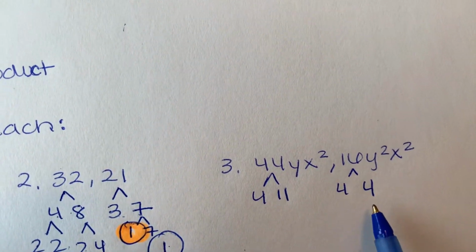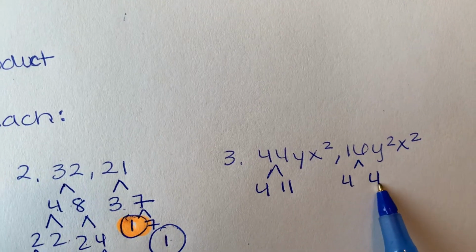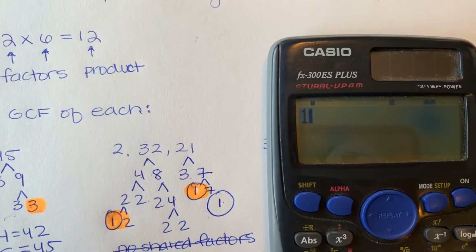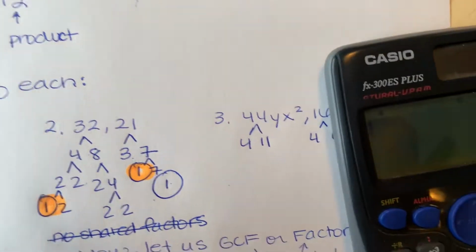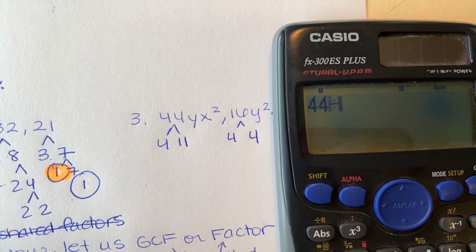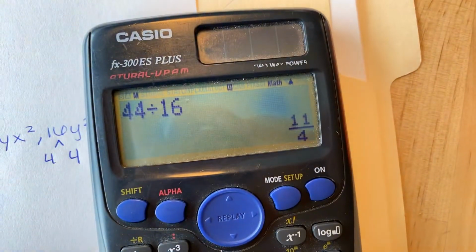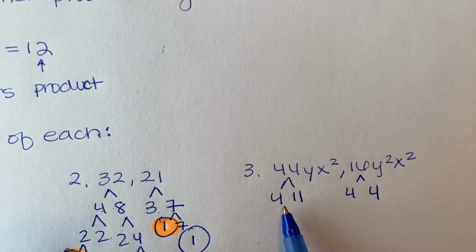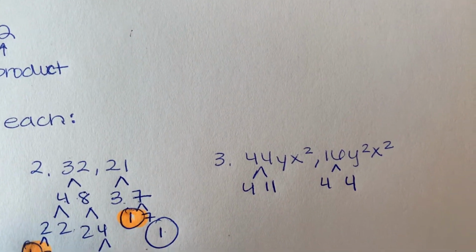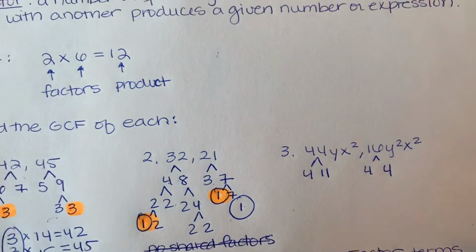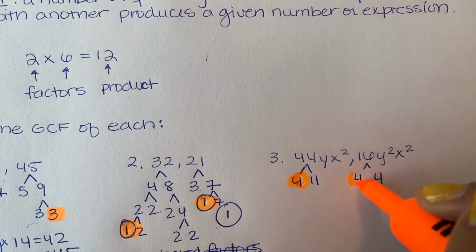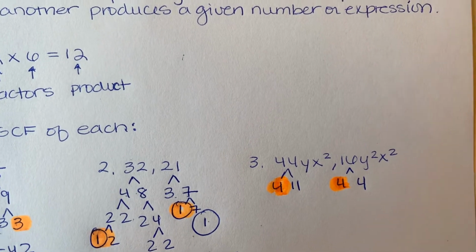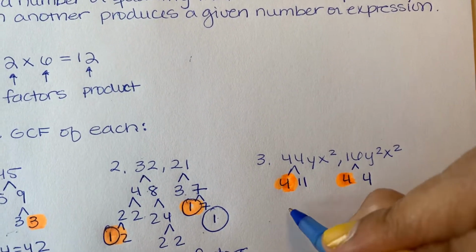Now I could have made this 16 and 1, but 16 does not divide into 44, because 44 divided by 16 gives me a fraction, so it's a no-go. So I knew to take it to the 4, and so my greatest common factor is 4, correct?